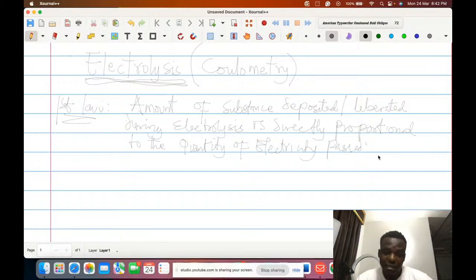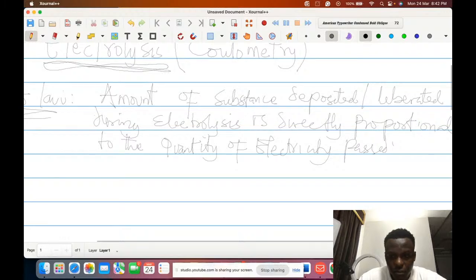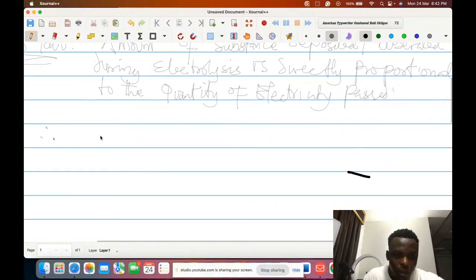I don't know why it's like that, but then, all right. So now, mathematically, the first law of electrolysis has this formula: small m over capital M equals Q over nF.